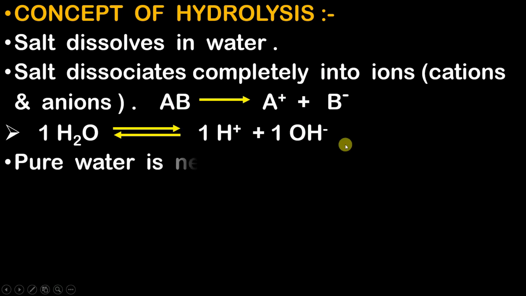Now moving on, as we all know, pure water is neutral. This is the basic thing that we all know. But guys, do you know the reason behind pure water being neutral? Let's see that. If you observe this reaction carefully, when one H2O molecule dissociates, we get one H+ ion as well as one OH- ion.